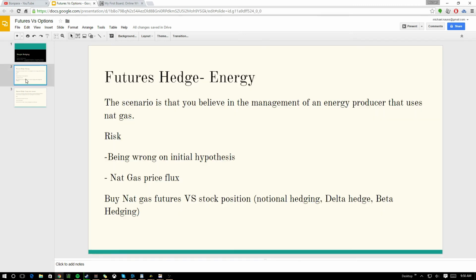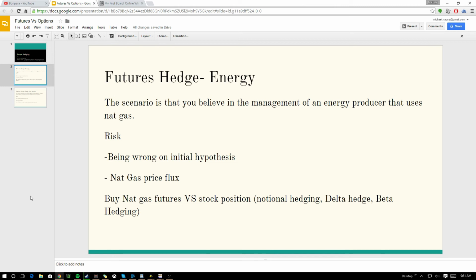So first we're going to use a futures hedge. And our scenario is going to be that you believe in the management of an energy company that uses natural gas to produce energy. So we're going to focus on two risks. Of course, there are many risks in any investment, but the two risks initially here are, first, you're wrong in your initial hypothesis. So you believe in the management of this company.